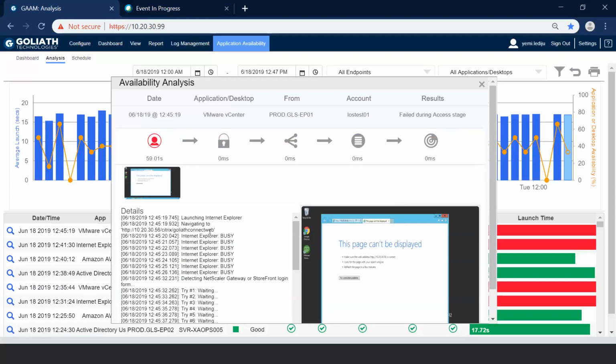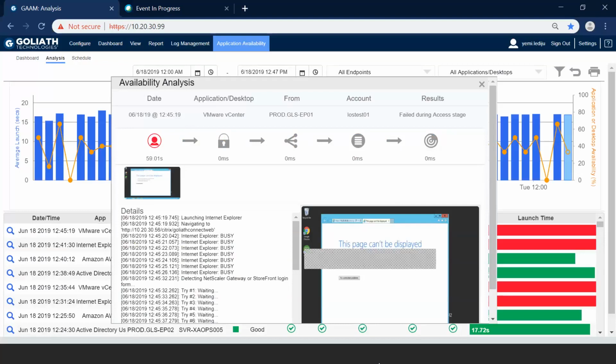However, you're able to see screenshot evidence, so you don't have to call the user or figure out exactly what they saw. You have an alert alerting you to the fact that there is an issue, as well as screenshot evidence to be able to point you in the direction to where you can start that troubleshooting process. In this case, you would be taking a look at your storefront or your NetScaler page. Okay, thanks.